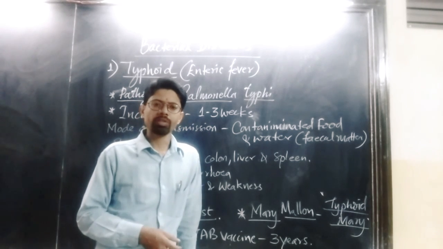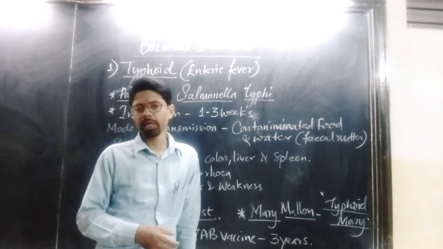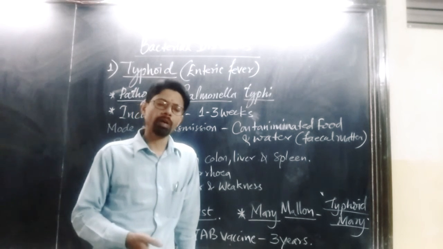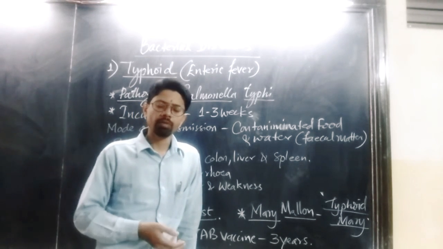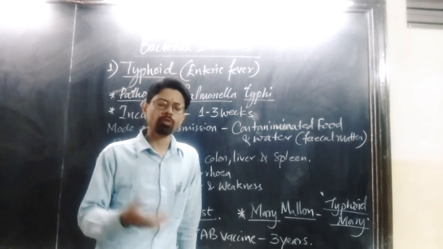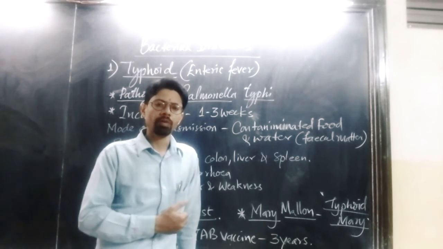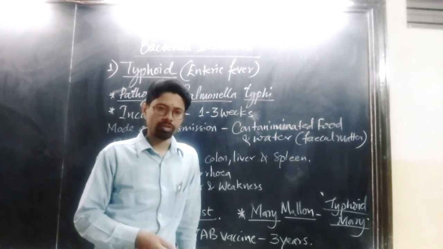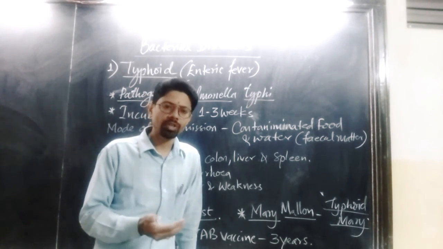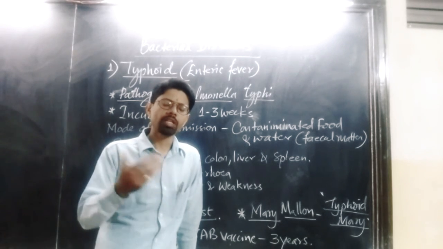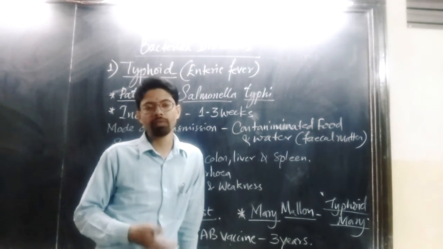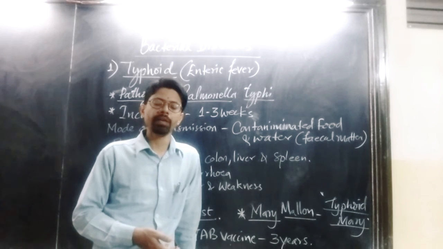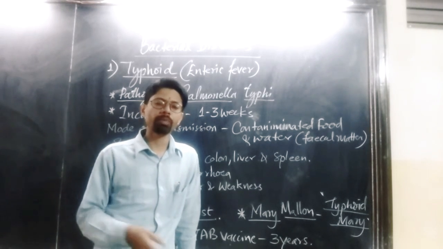Mary Mallon was nicknamed Typhoid Mary because she was a cook by profession and she used to give food to many people, and those who had food prepared by her used to get typhoid infections. Because of poor hygiene maintained by the lady, she transferred the bacteria Salmonella typhi through food as a medium for transmission and spread it to many people.